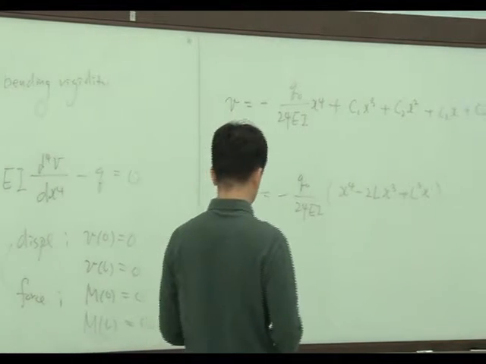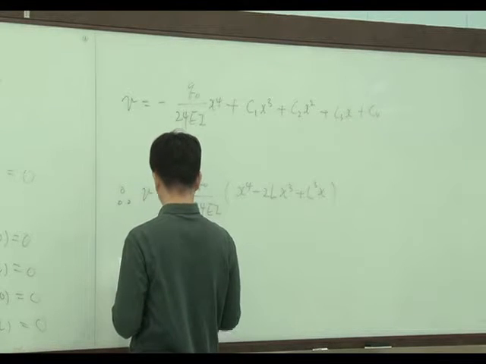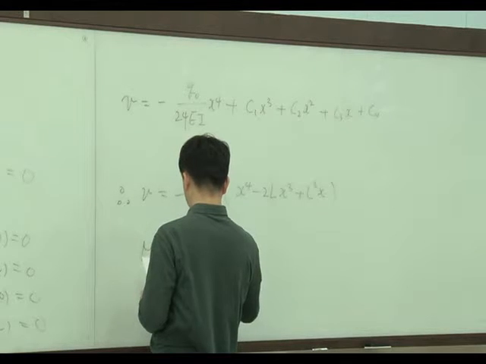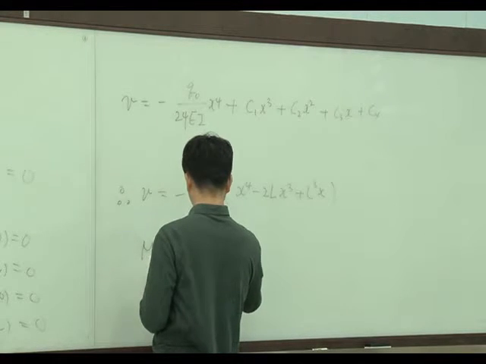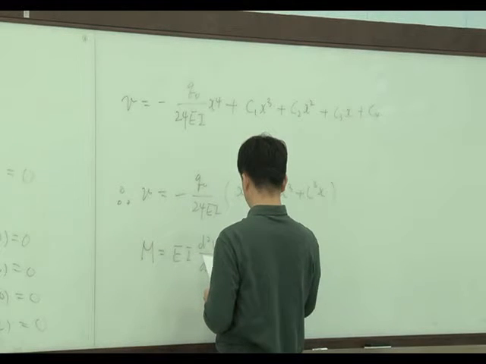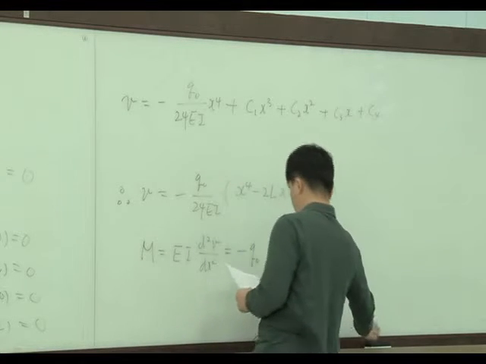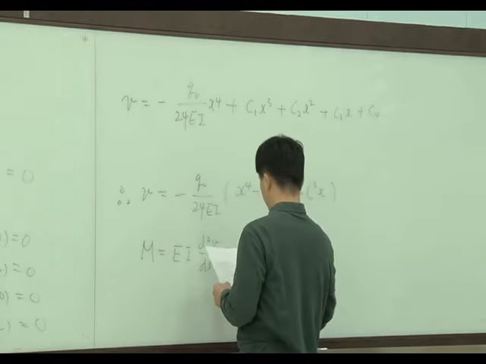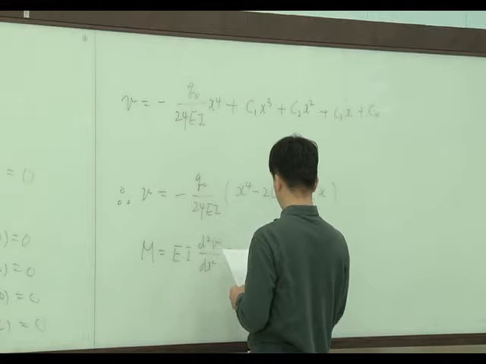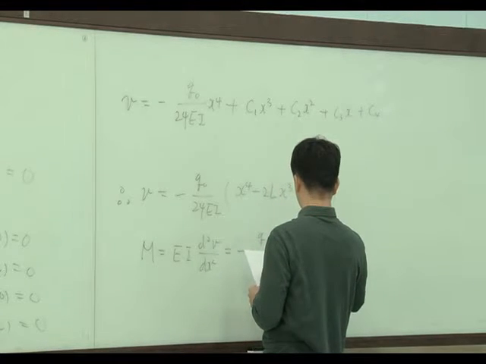And from this solution, we can also find the moment: EI v'' equals minus q0 over 2 times x squared minus Lx.